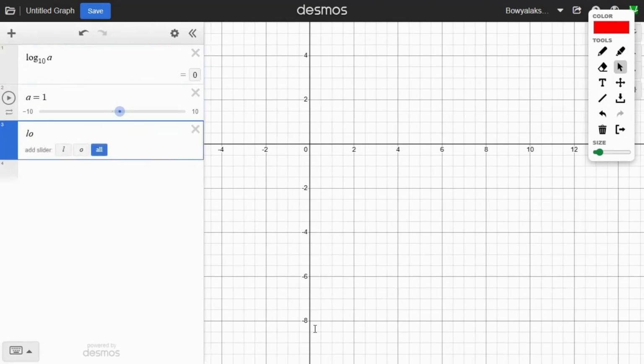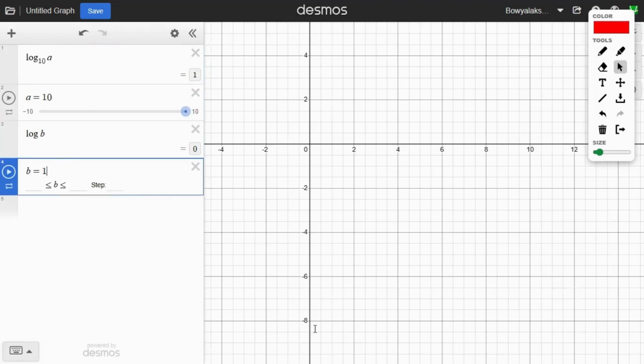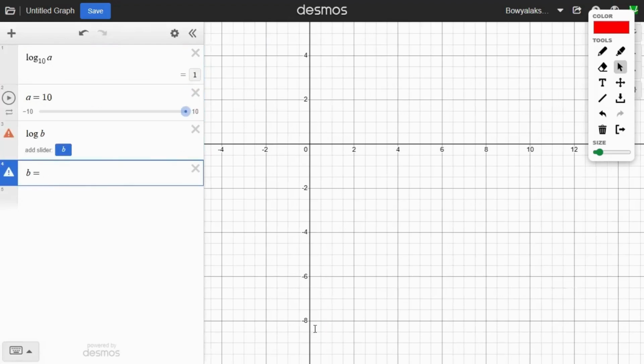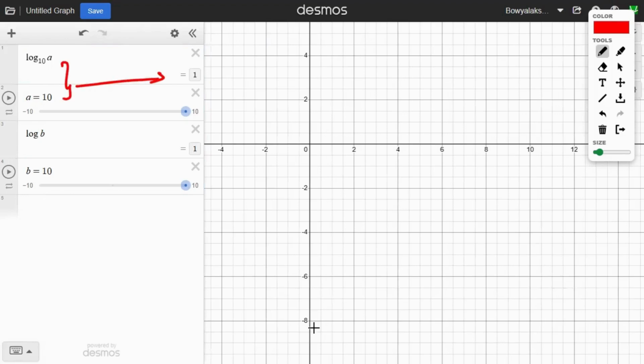Let's see, log of 10. You got 1. Without the base 10, it will give the same answer. So log 10 is 1. Whether you mention the base or not, this is how it works, the common logarithm.